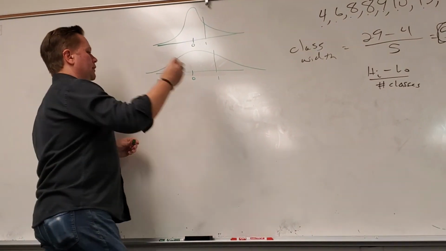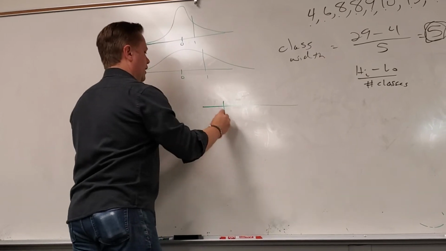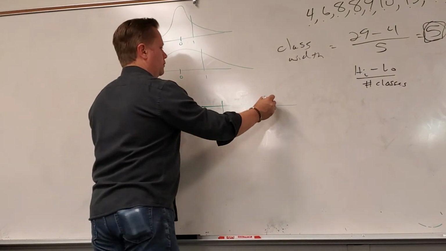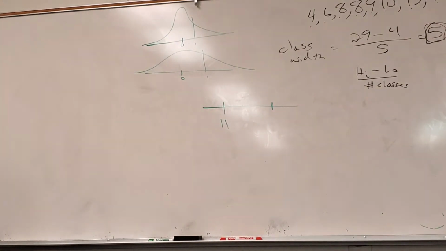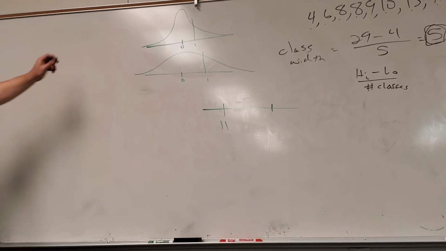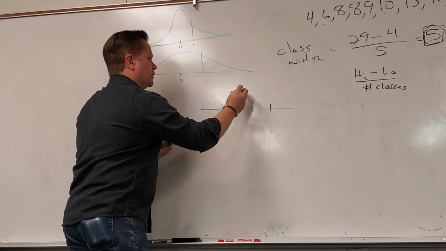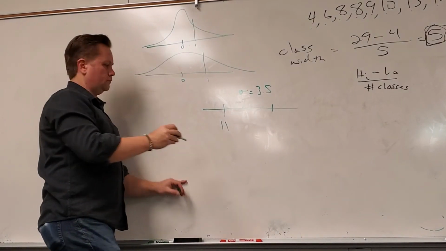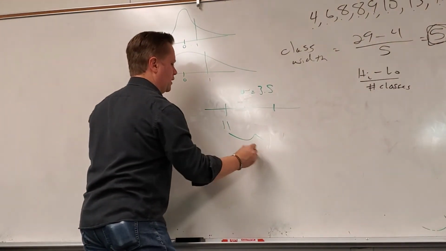So let's say that I'm standing at 11. Mark 11 somewhere. Every step I take is 3.5. So what number is two steps up?